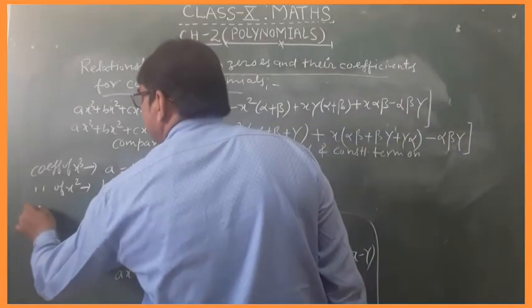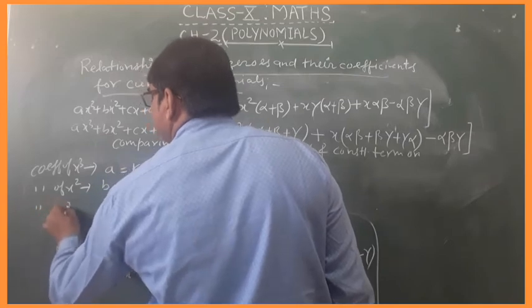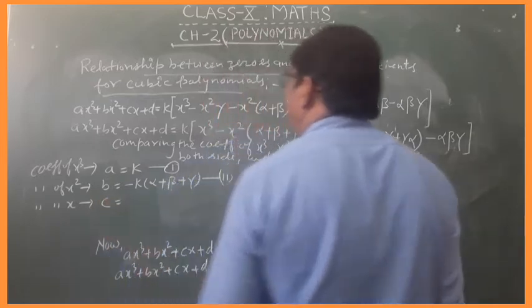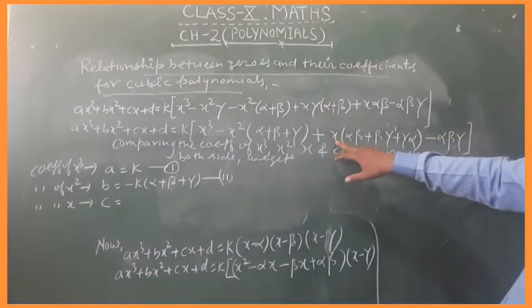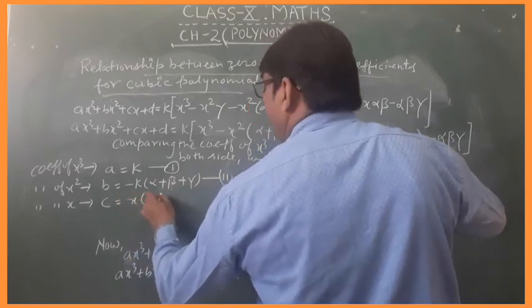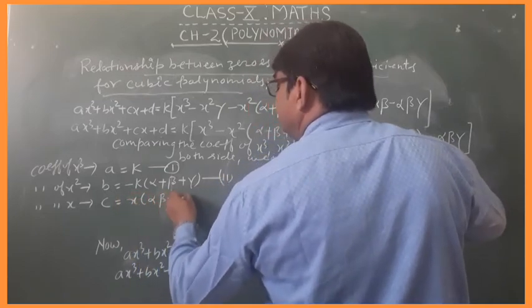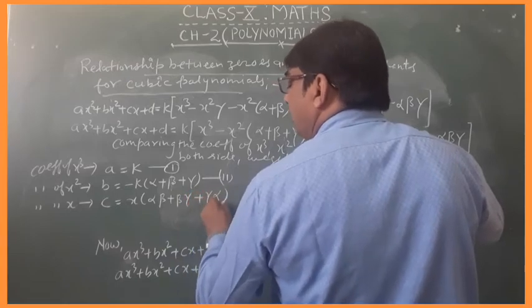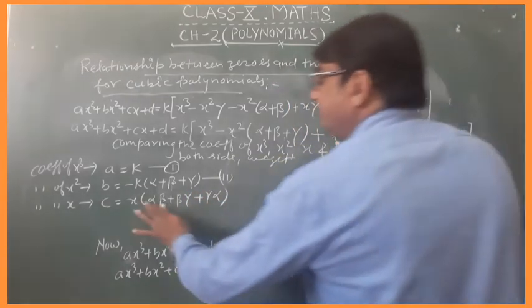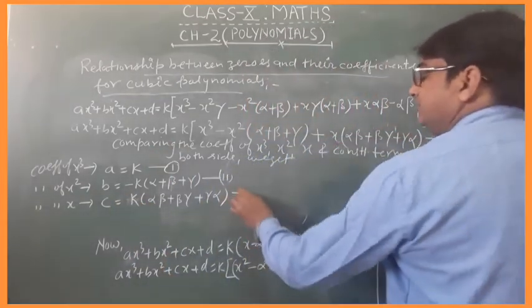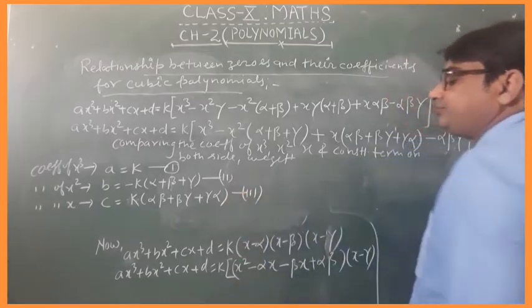And coefficient of x is what? c here, and on the right it is k(αβ + βγ + γα), k is outside of the bracket. This is equation number 3.